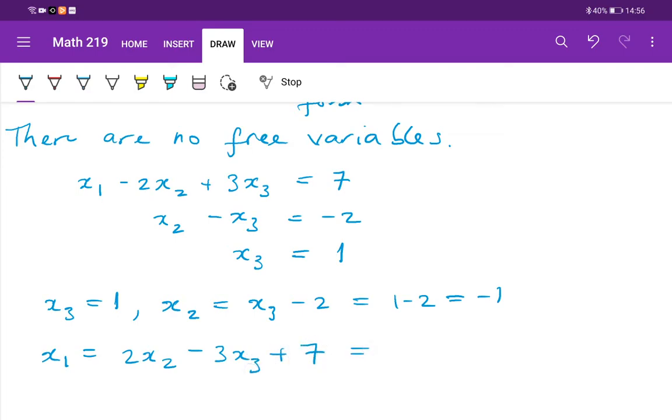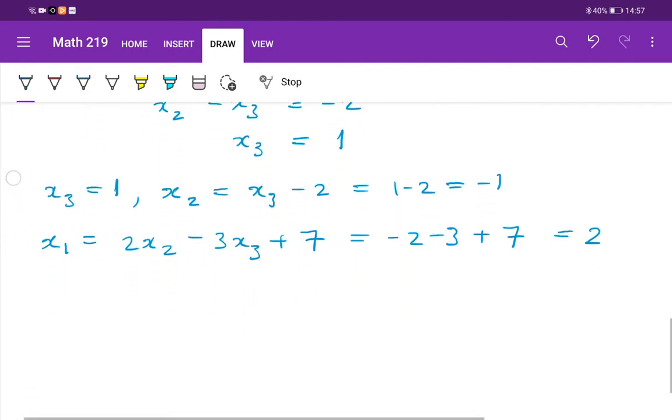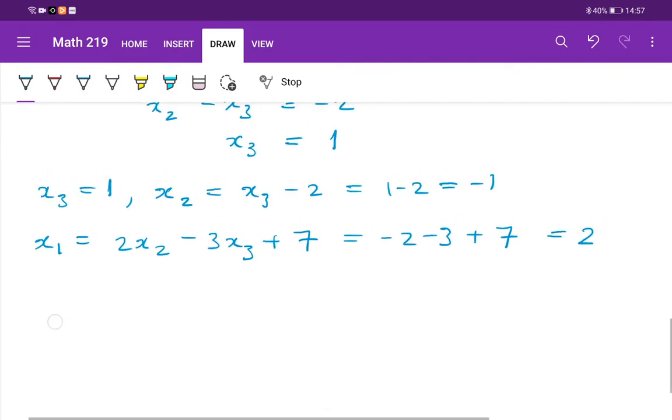When you put x2 and x3 in there, we get 2 times -1 minus 3 plus 7, and this is equal to 2. Okay, so we get x1, x2, x3 like this, and we can see that there are no free variables, so there are no choices here. And we see that we have a unique solution.